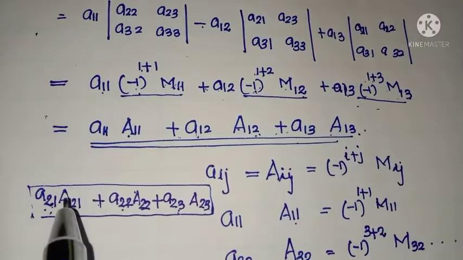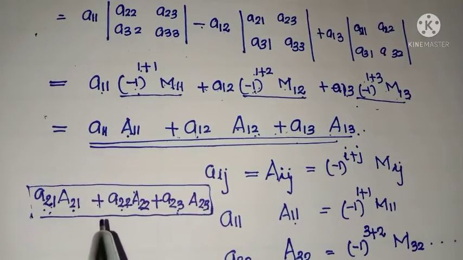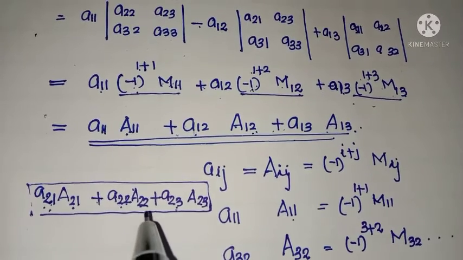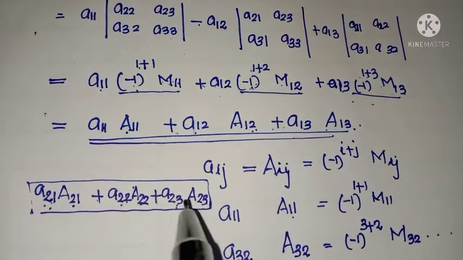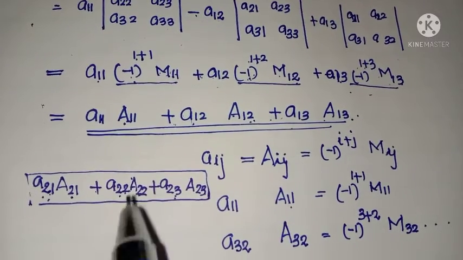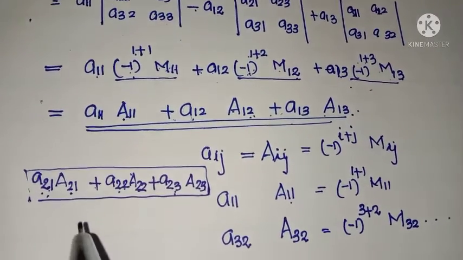Okay. So we can evaluate the given determinant by expanding along first row, second row or third row or first column, second column or third column.